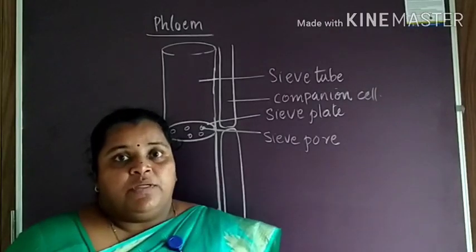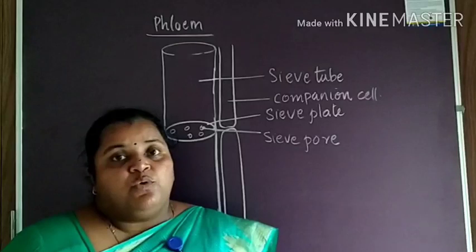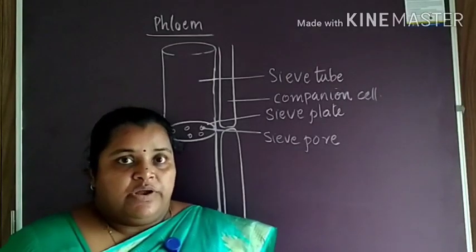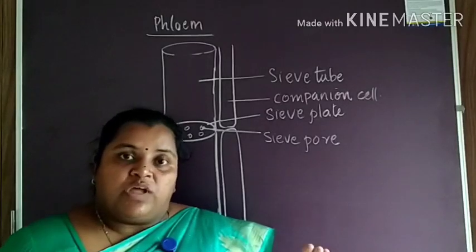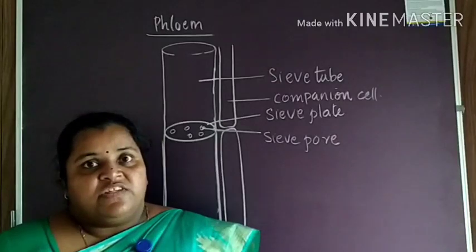But in phloem, the food prepared by the leaves is transported to different parts of the plant body. So it is bidirectional, both upward movement as well as downward movement is seen in phloem.